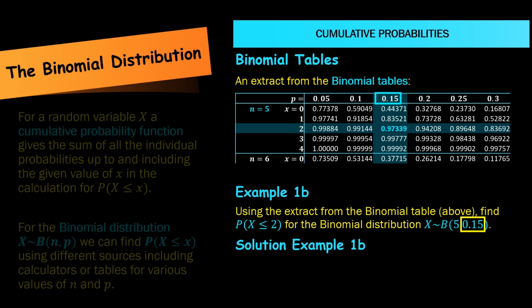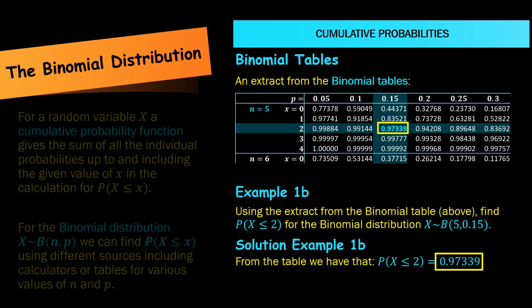And here's p equal to 0.15. So at the intersection of the row and the column, we have that the probability that x is less than or equal to 2 equals 0.97339.